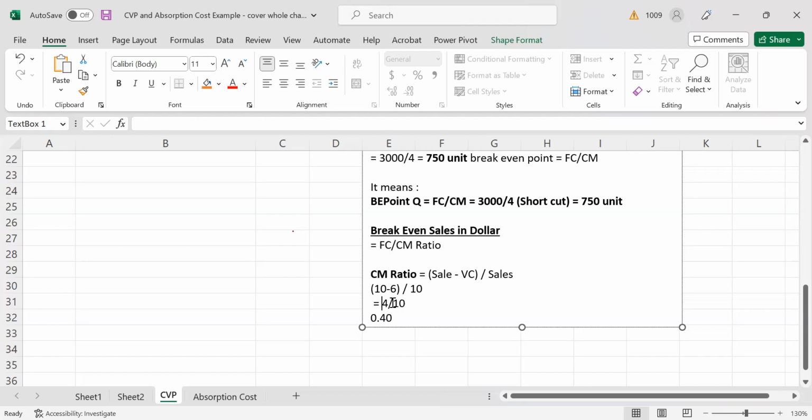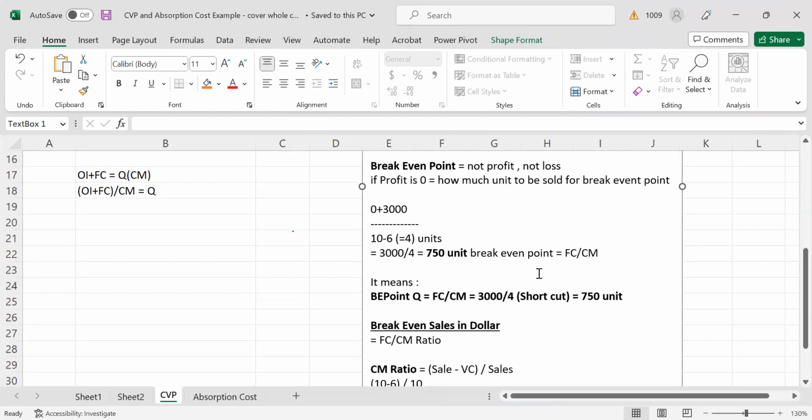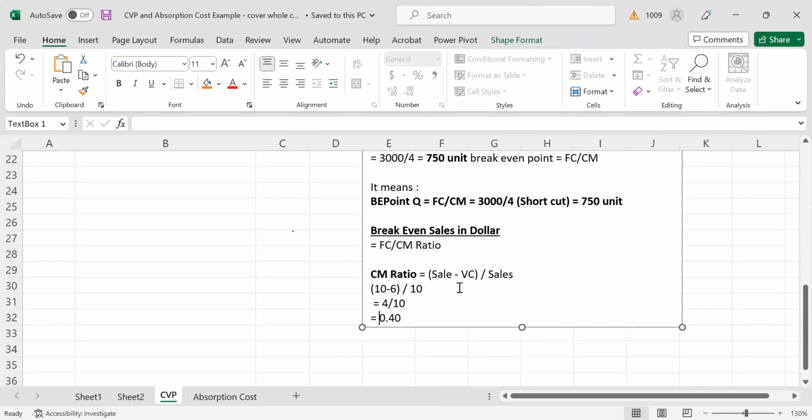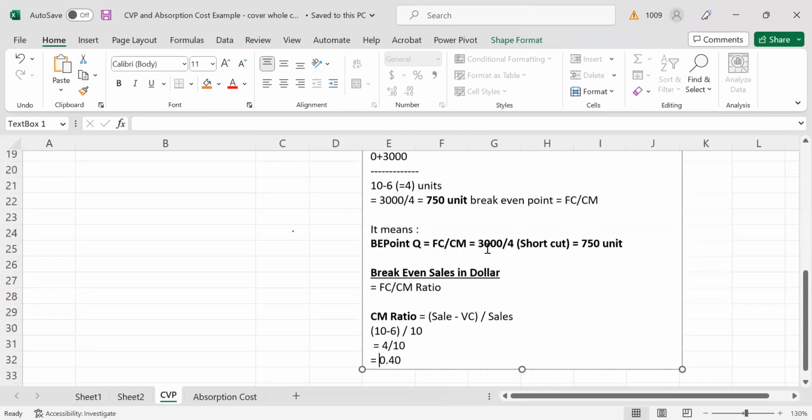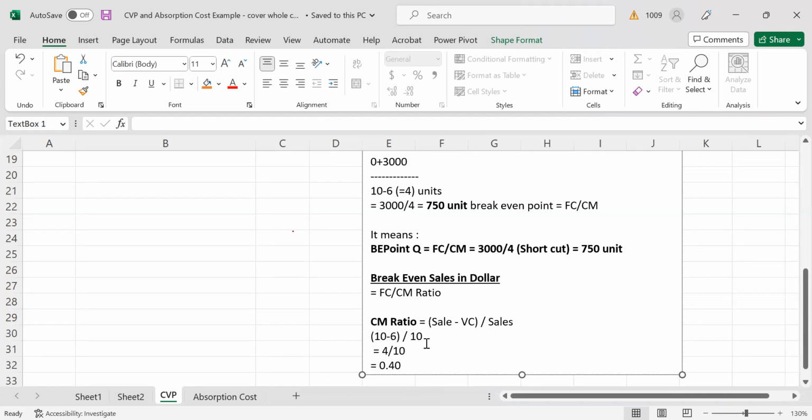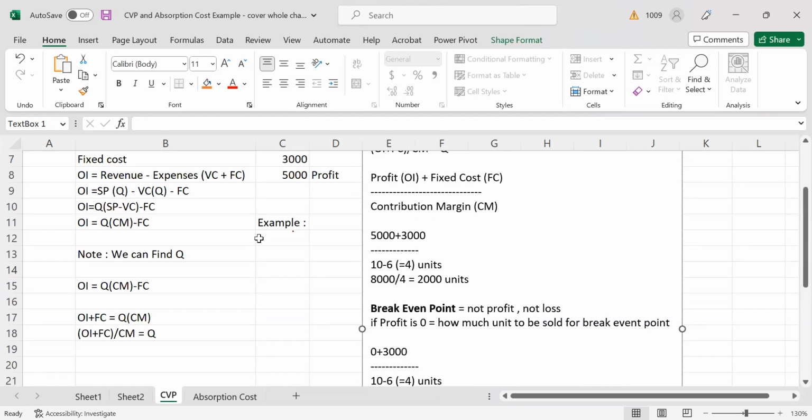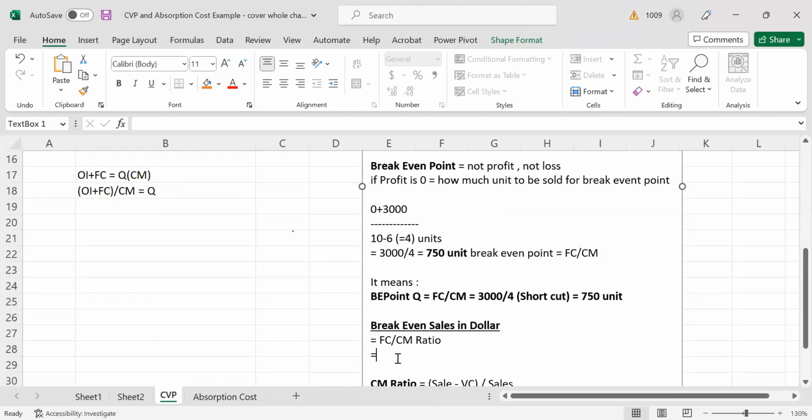So with the help of this formula, we will use the contribution margin ratio to know the break-even sales in dollars. What is the fixed cost? First of all, the fixed cost is $3,000.